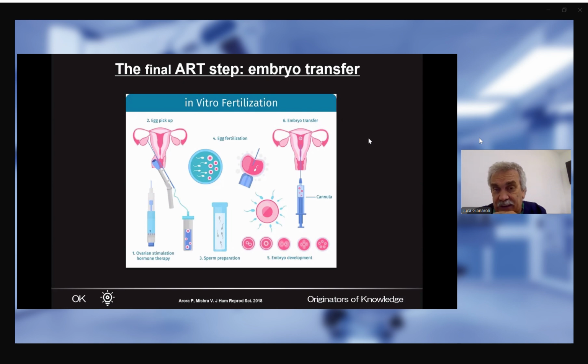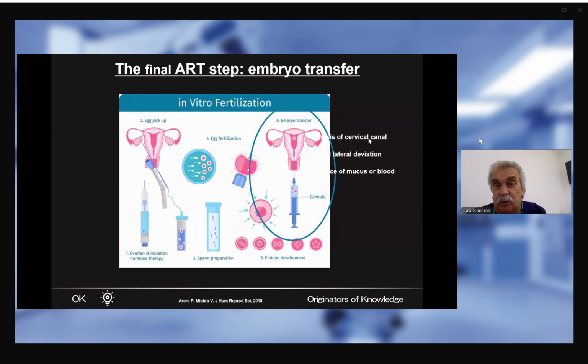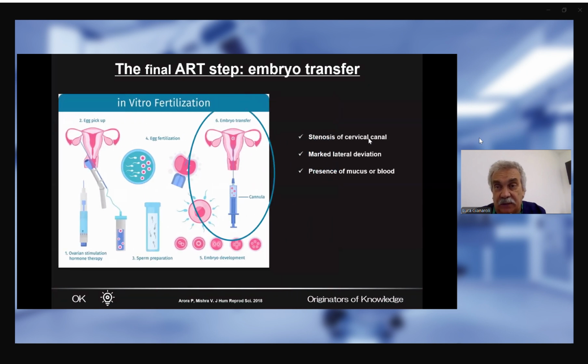If we look at the technique itself and we concentrate on the embryo transfer, even though it looks to be a very simple technique, it can become difficult and can, in one way or another, jeopardize the whole work that has been done before, but even worse, all the expectations of the couple and of the patients.